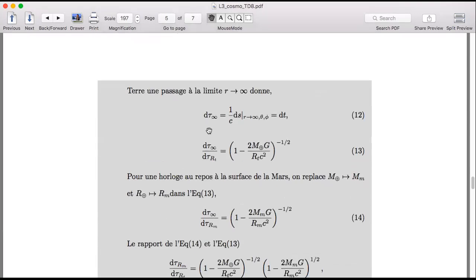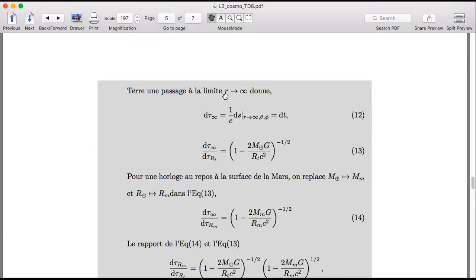In other words, clocks at infinity measure a proper time equal to the coordinate time. So if you want a physical interpretation of coordinate time in Schwarzschild space-time, this result just gives it to you, doesn't it?